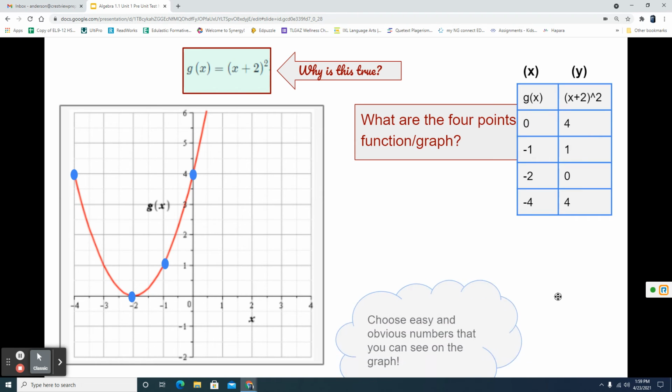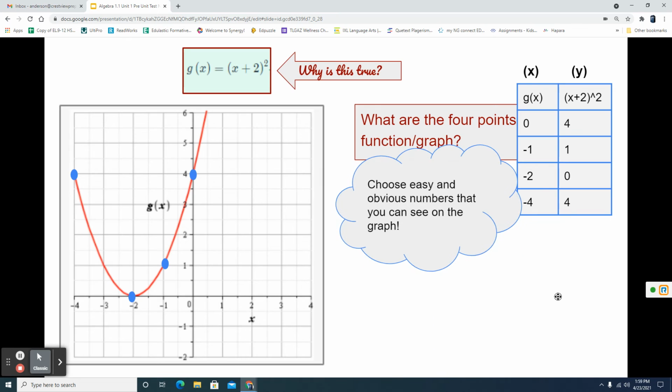If we put those in a nice handy-dandy chart, we find that that particular graph function is true because when we put our x values into that, we get our y value. For example, if x is 0, 0 plus 2 is 2. 2 to the second power is 4.